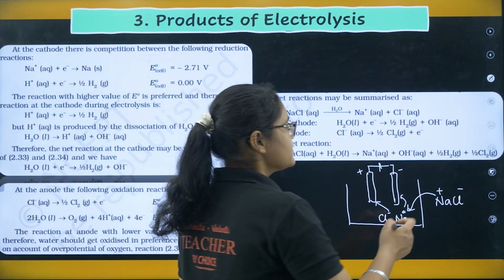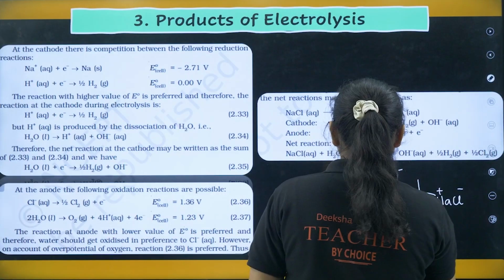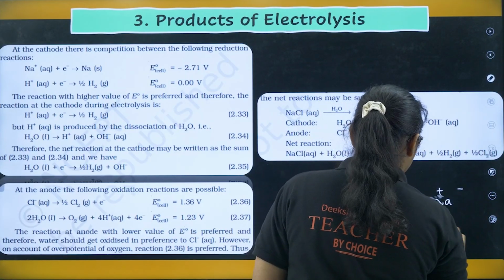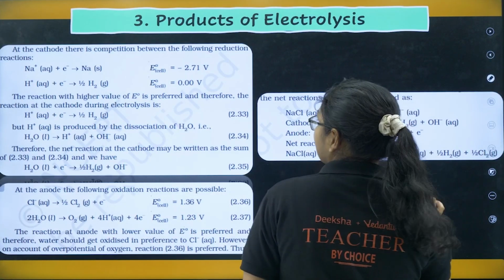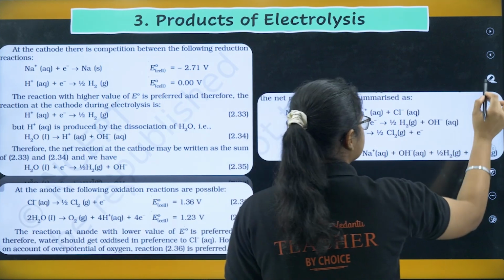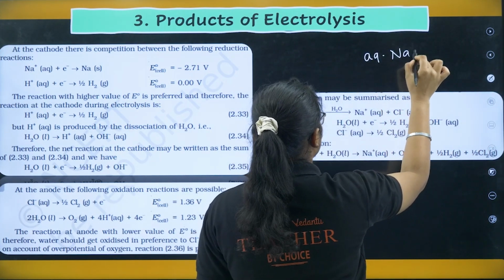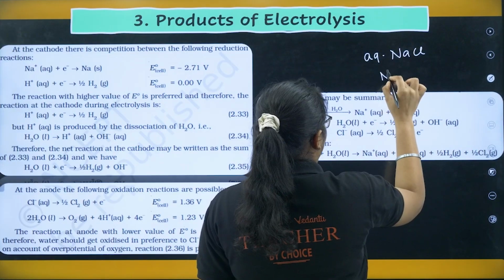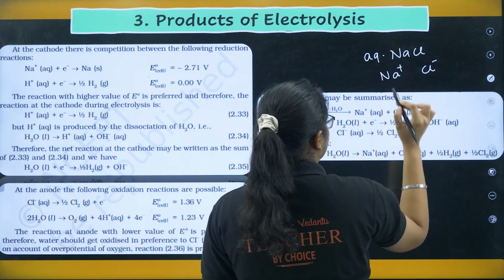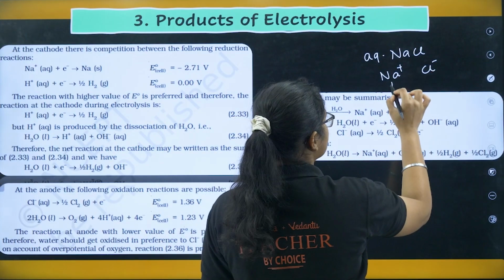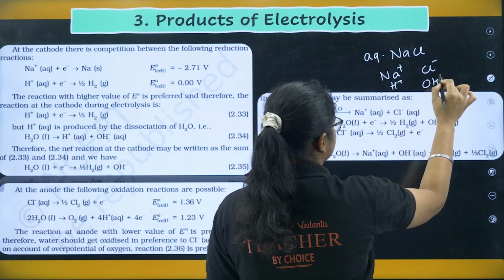That is very simple. But what is the case if you take aqueous NaCl solution? What are the ions present? Aqueous NaCl. So you have Na plus, Cl minus, and water is also there, it will also ionize into H plus and OH minus.